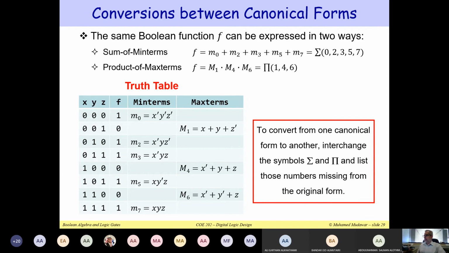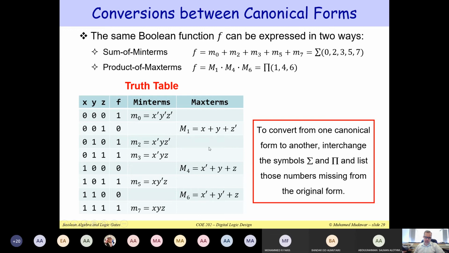Is this clear? Doctor, if we choose max terms, the function will be 0, yes? So the truth table of the function is defined by this column, the column for the function f. If there is a 1 under the function f, it means it is a minterm.